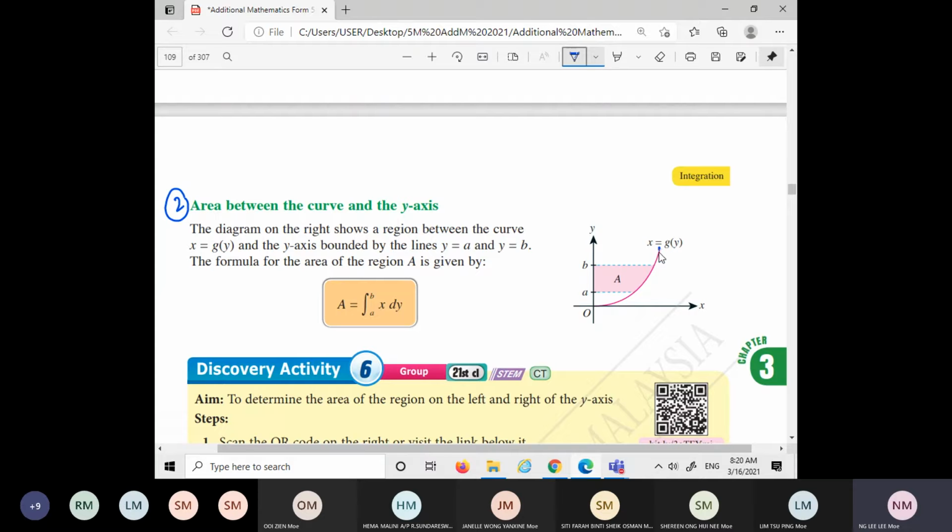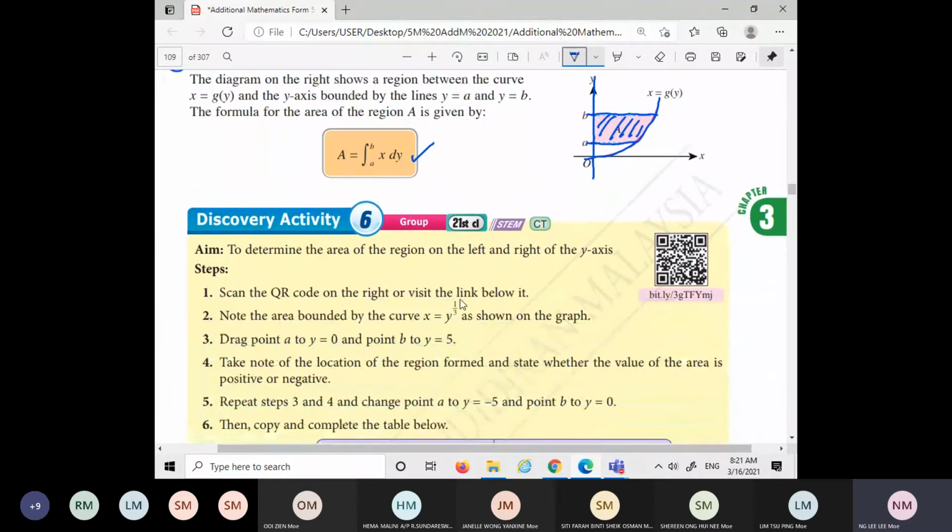So the limits are here. This is the area in question. So this is the formula. Just now the formula was y dx. Now the formula is x dy. After that, we will see how we apply all this. Okay, this is the second one.